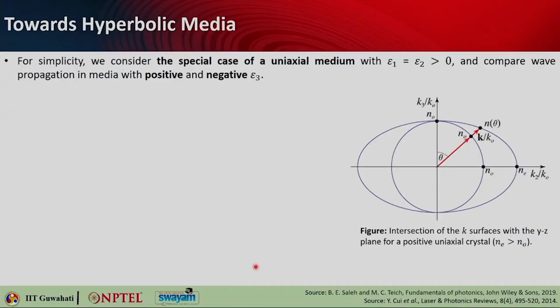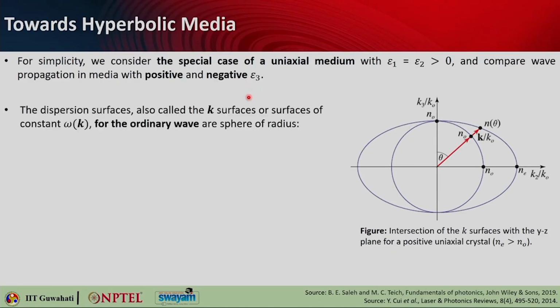To understand this better, let us first consider the special case of a uniaxial crystal with epsilon 1 and epsilon 2 positive, and compare the wave propagation when the media has a positive epsilon 3 and a negative epsilon 3. Let us first consider the positive epsilon 3 case. Here we have seen that the dispersion surfaces, which are also called the k surfaces, or omega k, for the ordinary wave are basically like a sphere.